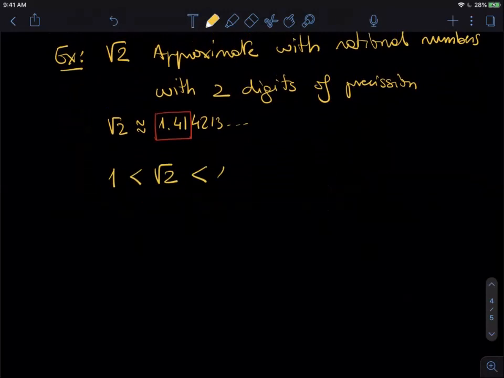I already told you, but let's assume I didn't know. This is my claim, okay? Why is this true? Because I just squared. And if I square both inequalities, what I get is 1 less than 2 less than 4. And this is true, right? So then the square root of 2 lies in between 1 and 2.